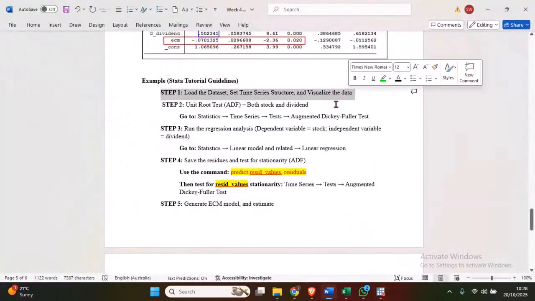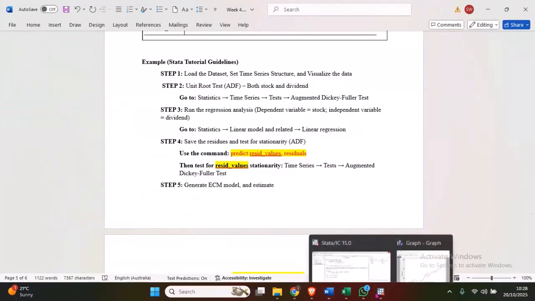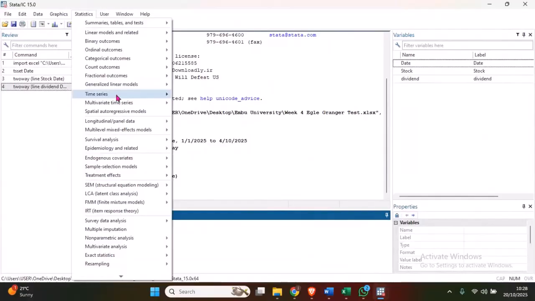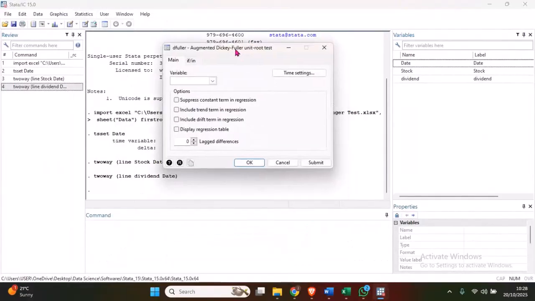We go to the next step, step 2. The unit root test for both the stock and dividend. So you go to statistics, time series, tests, and then you go to ADF. Now we are testing the stationarity for each one of them, using the augmented Dickey-Fuller test. We test the first one for stock, and the results are there.